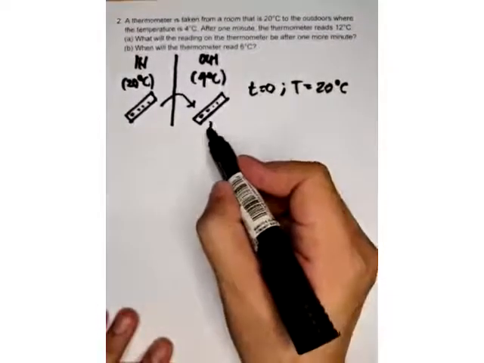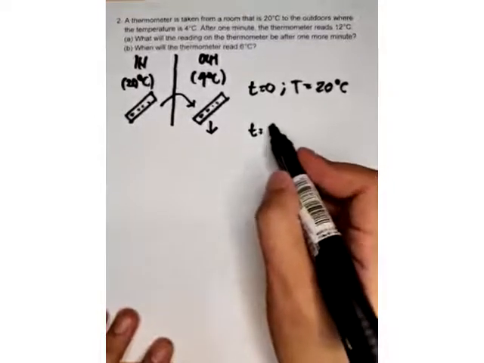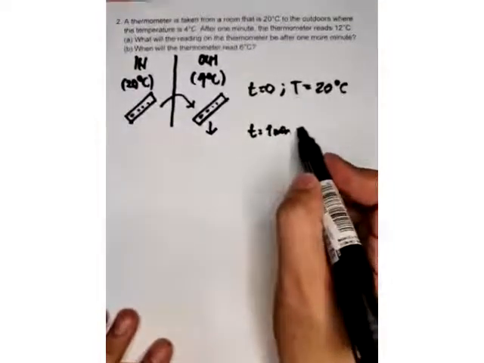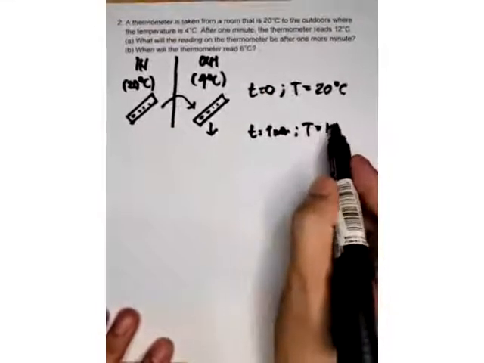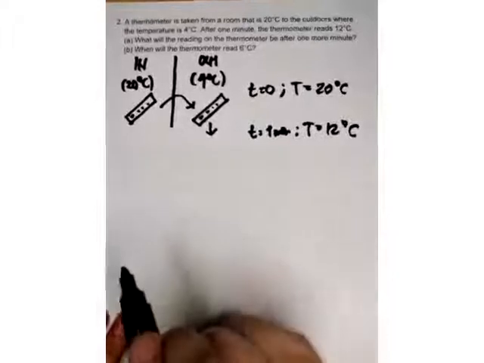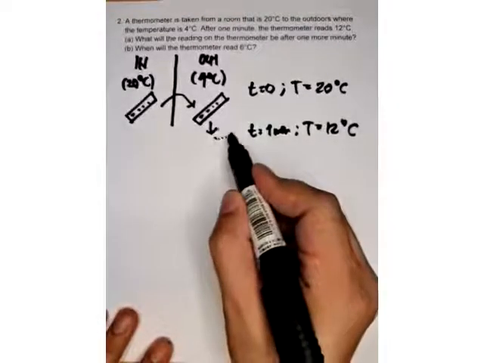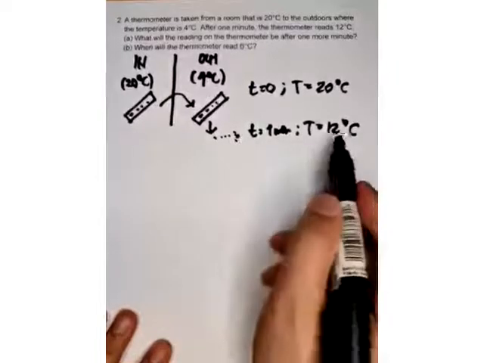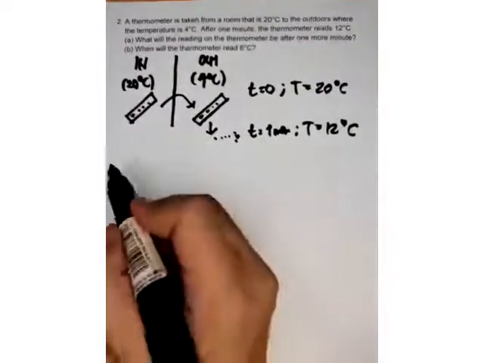After staying sa labas ng 1 minute, ano ang naging temperature? Okay, so sabi dito, it's 12 degrees Celsius. Okay. So after 1 minute, ang reading niya ay 12 degrees Celsius. Ang tanong ay letter A.